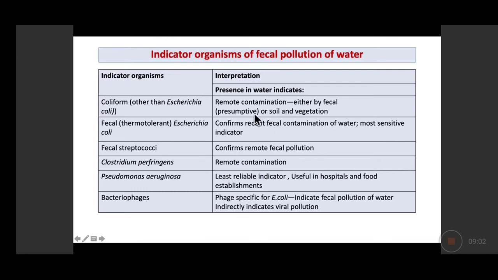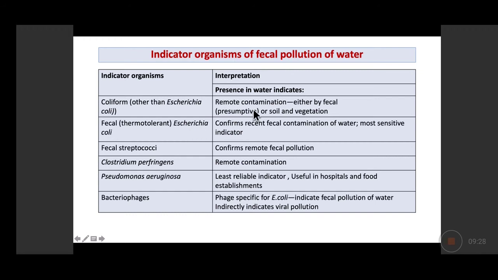So if it is isolated from the water sample, that means the contamination is recent. But other coliforms such as Klebsiella and Enterobacter can be present in soil, or as saprophytes in the environment, and they are able to survive for a longer duration as compared to Escherichia coli.